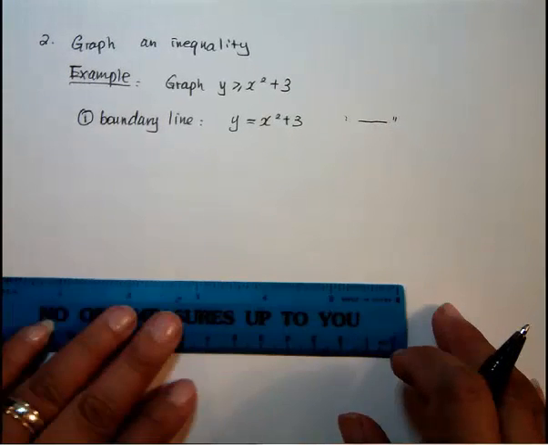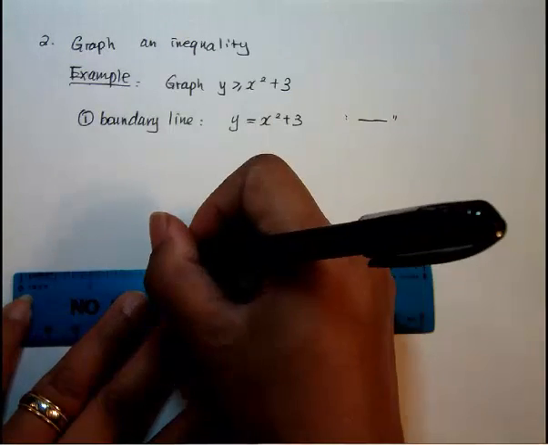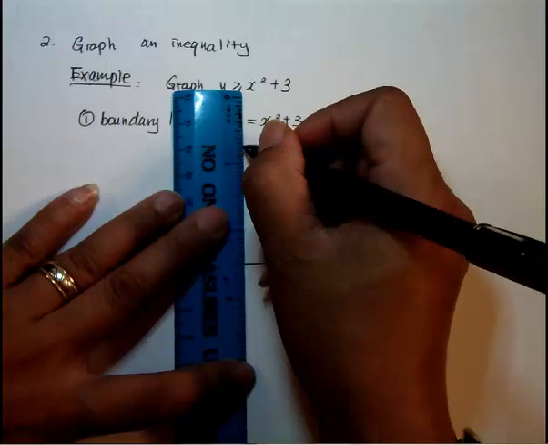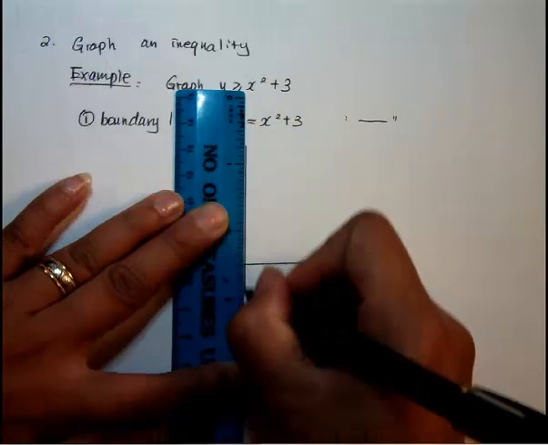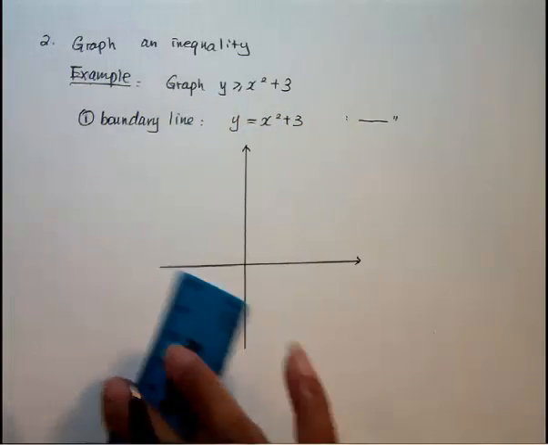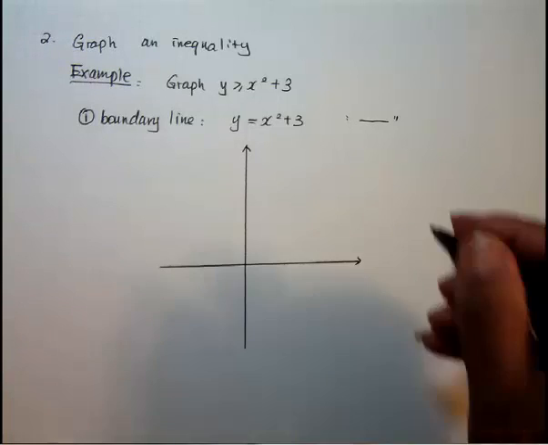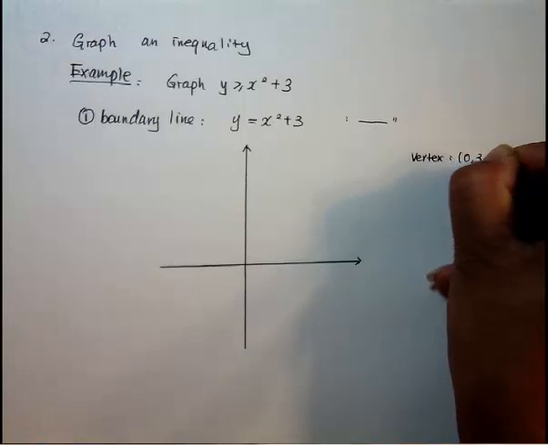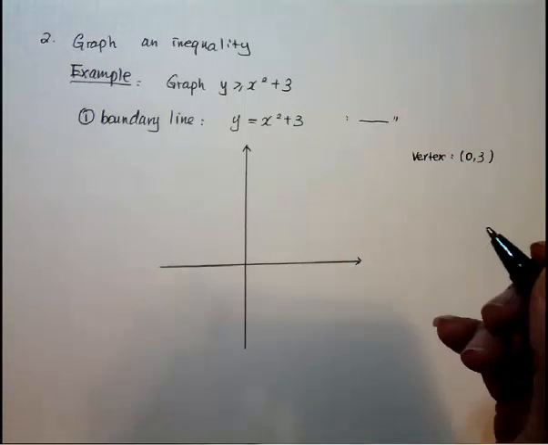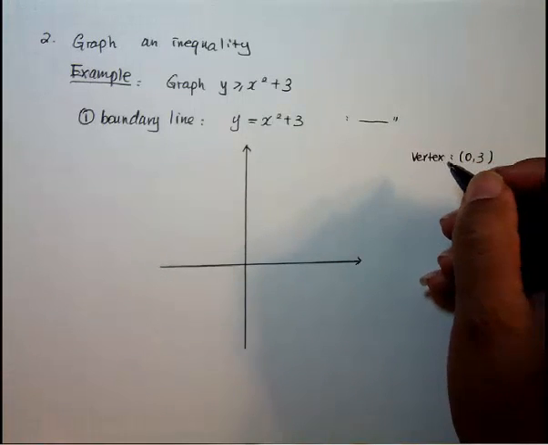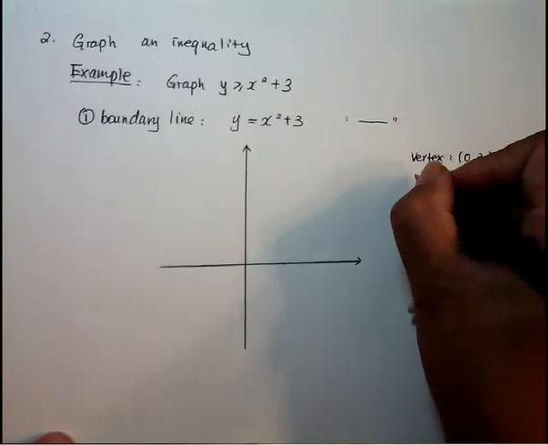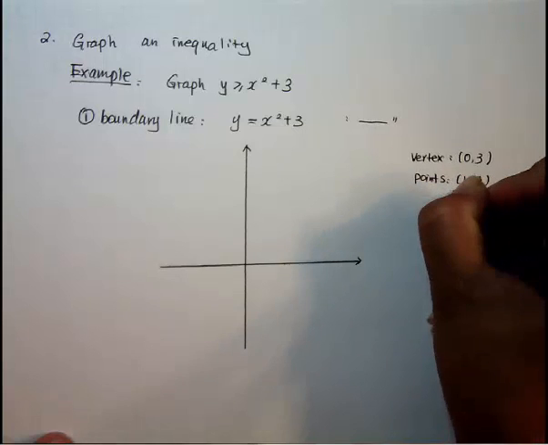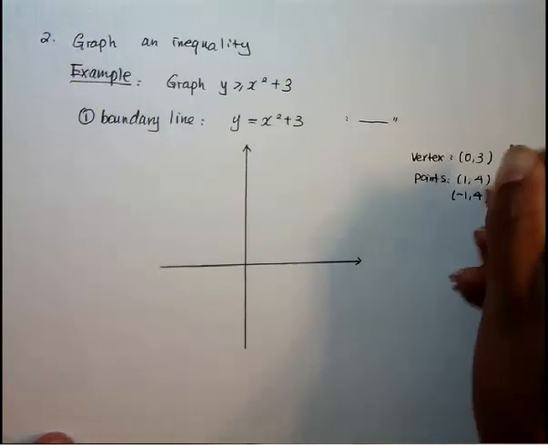Alright, let's take a look. This is the parent function y equals x squared shifted up 3 units, so the vertex is going to be located at 0, 3. And you can choose another point: when x equals 1, then y will be 4. When x equals negative 1, y will be equal to 4 as well.